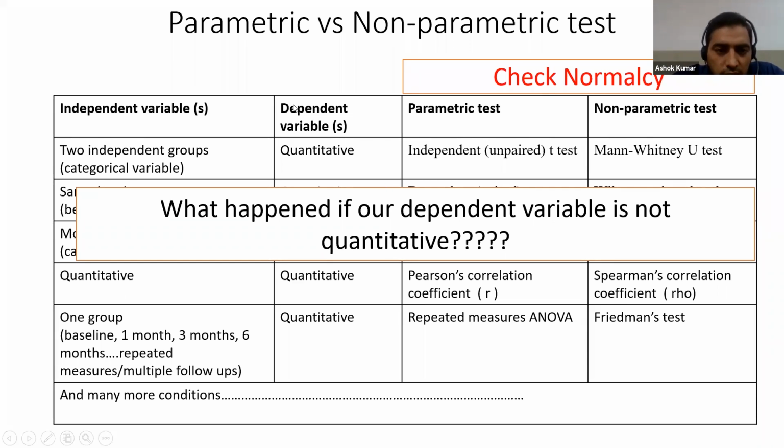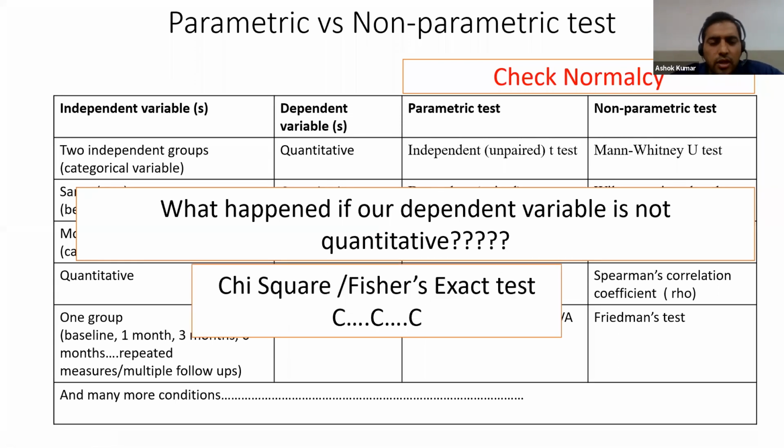All the earlier tests apply when the dependent variable is quantitative in nature. But what happens if it is qualitative? Then we have to use chi-square or Fisher-exact test to find any significant association between the dependent variable and independent variable.